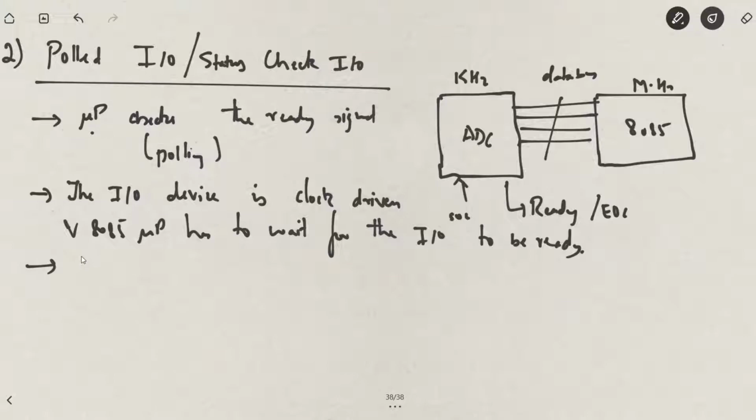So it's a slower communication method. The I/O device that will be used to interface with the microprocessor will be slow, and it will not be ready for communication. So it's a slower method.